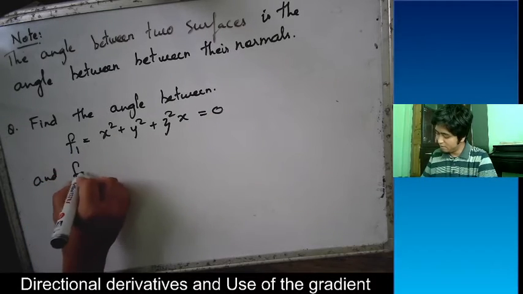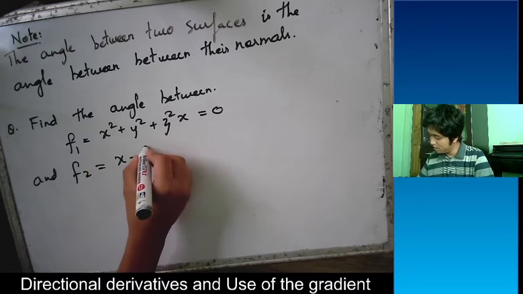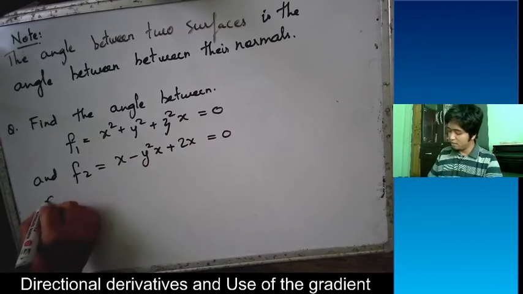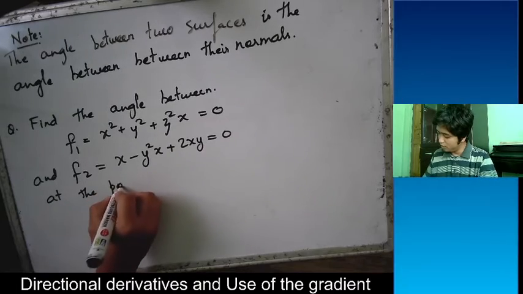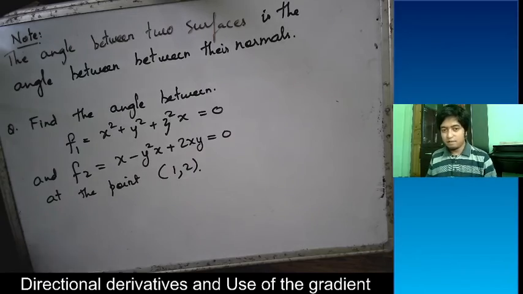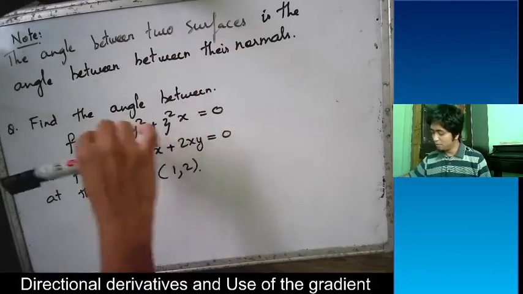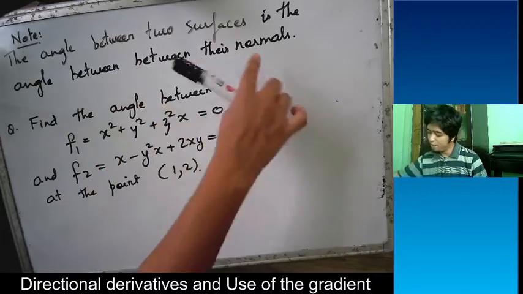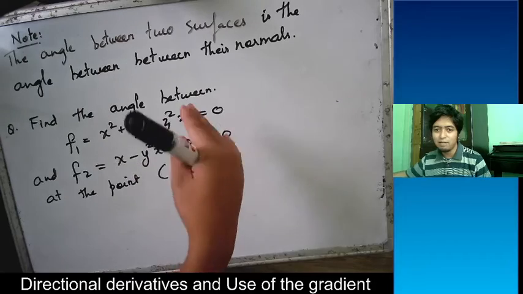And another surface f2 equal x minus y plus 2x equal 0 at the point (1, 2). Okay, so how will we do this one? You just remember this note. Okay, so we are given two surfaces. Now we just have to find their normals, and then we find the angle between the two normals.